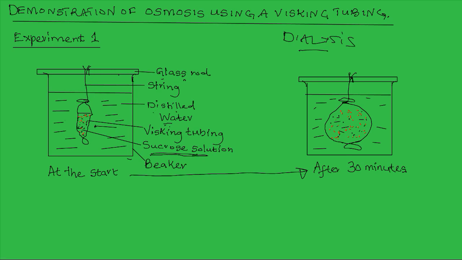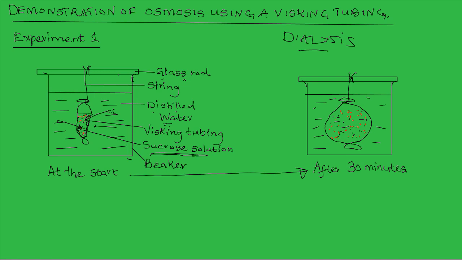The distilled water has a high concentration of water molecules compared to the sucrose solution. So the water molecules move by osmosis into the sucrose solution across the semi-permeable Viscose tubing membrane.